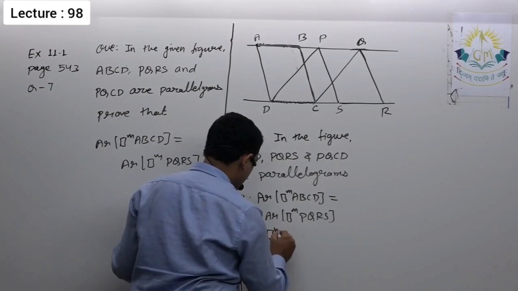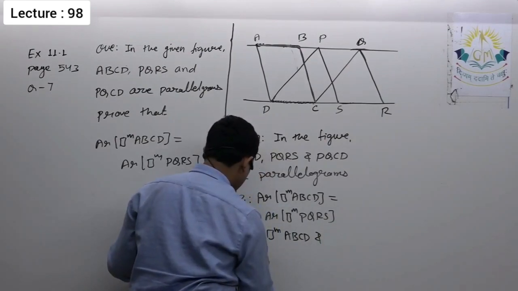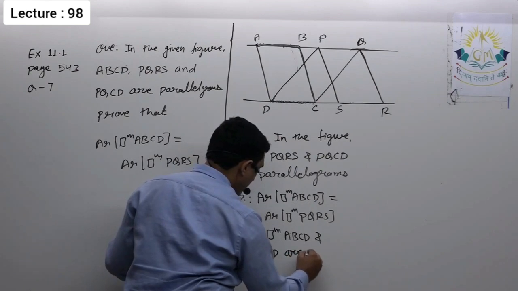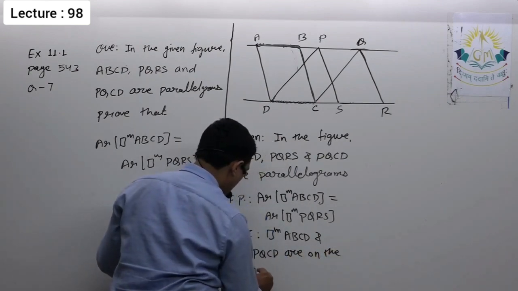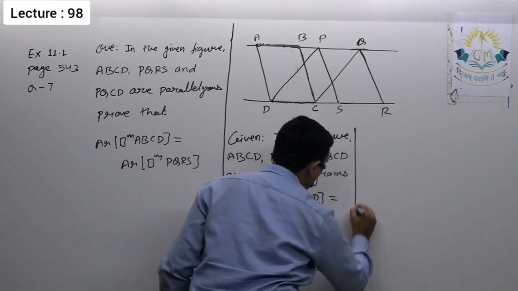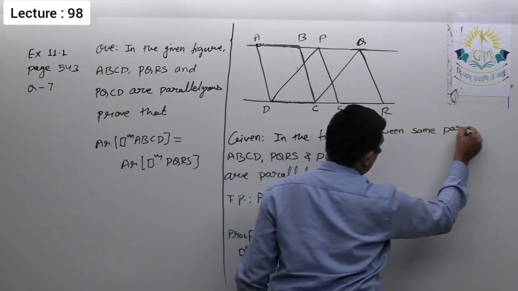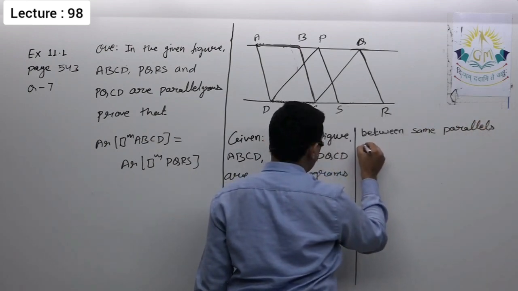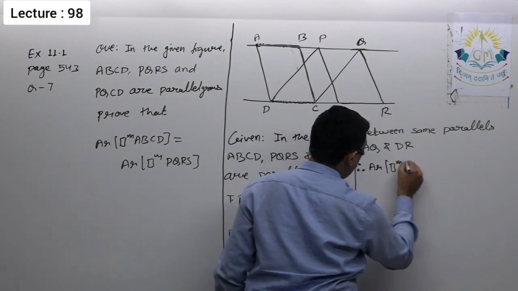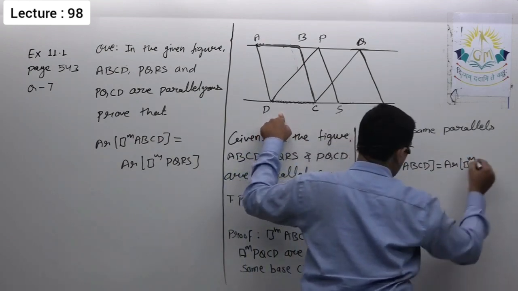Parallelogram ABCD and parallelogram PQCD are on the same base CD and between the same parallels AQ and DR. Therefore, I can write area of parallelogram ABCD is equal to area of parallelogram PQCD.